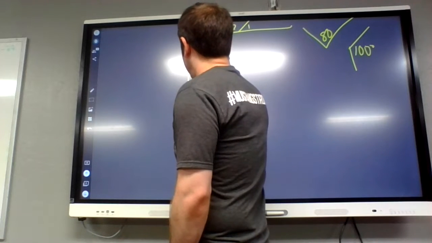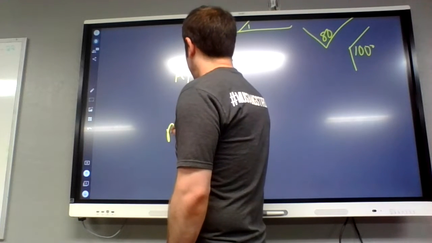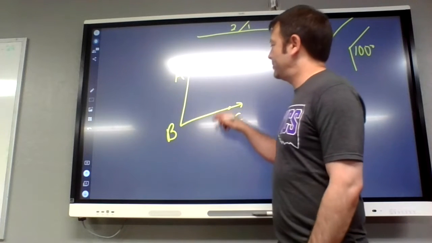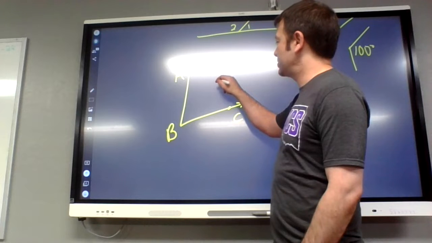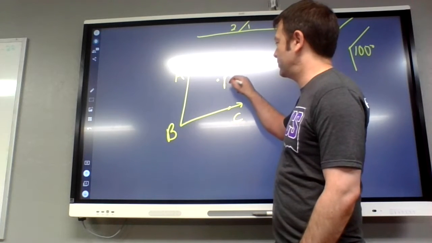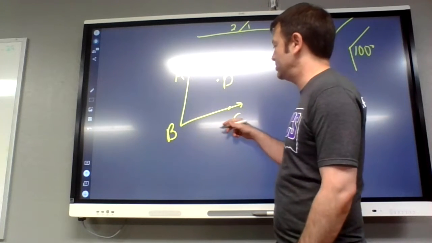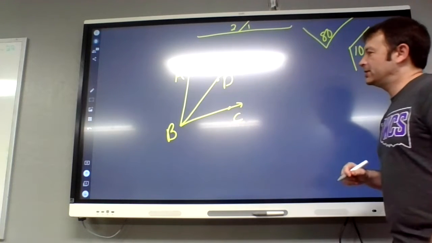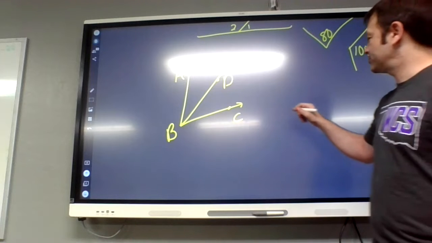Back in chapter 1, I think I mentioned this once, but it's going to be used quite a bit in this lesson. If you have a point D or whatever that's interior to angle ABC, then guess what I can say about this picture?